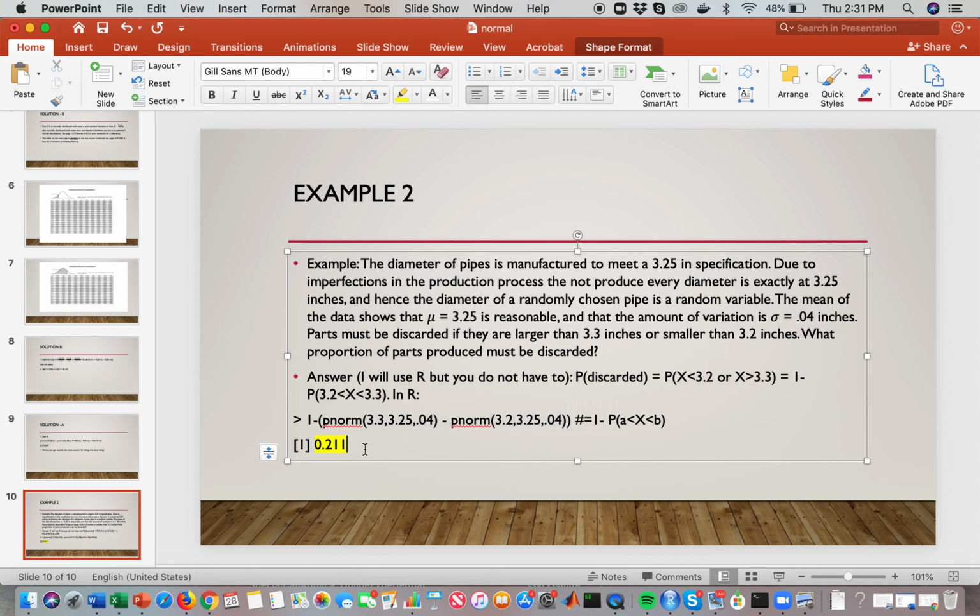And that's 21% of your parts. So there's probably some refinement in the production process that can be done. Okay, so key point here is that I can use the normal distribution, and the command in R is as follows. Let me show you how we do this in R.